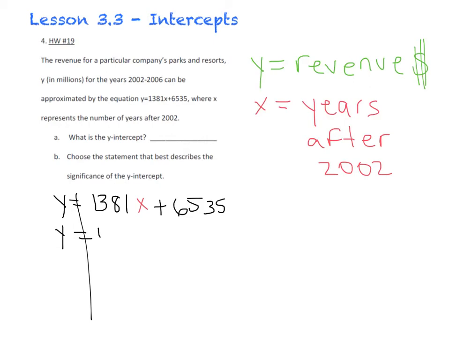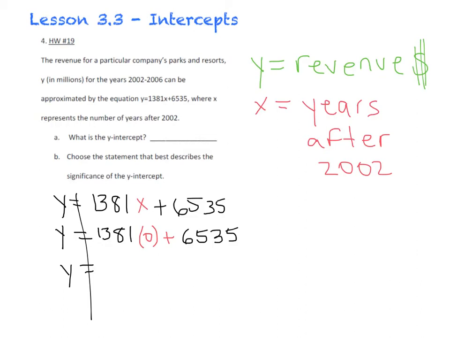So let's go ahead and do this. Let's see what we can figure out. X is 0. Okay, I'm erasing this. Let's start over. 6,535. There we go. Now, since all the numbers are on the right-hand side of the problem, you can just type this in your calculator.